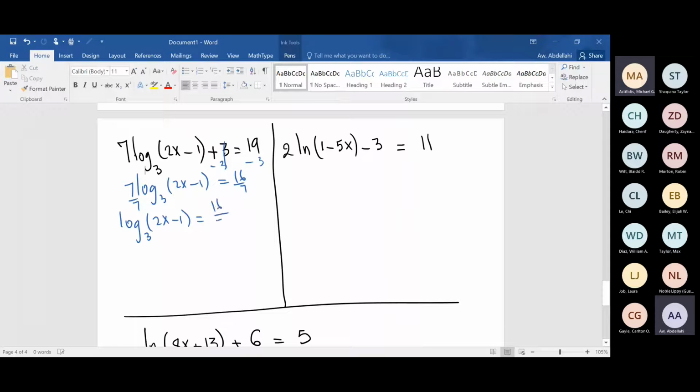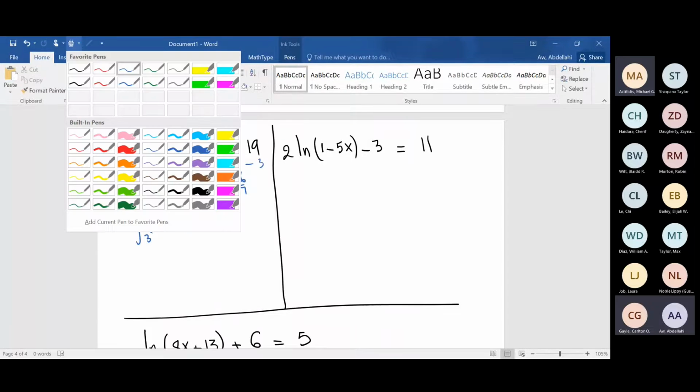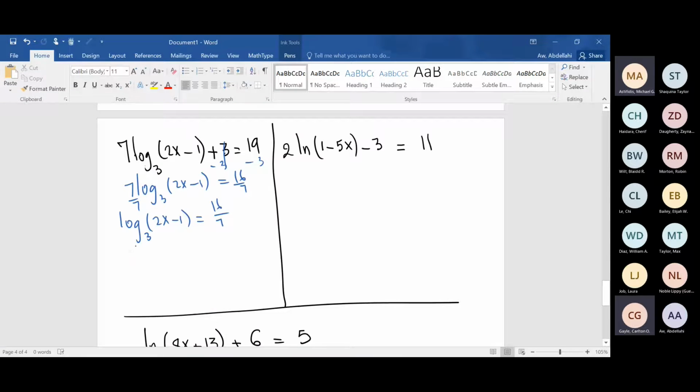Now comes the main step, which is what? You flip the things and push. You flip the 16 over 7 with the 2x minus 1, push it up and remove the log. Tell me exactly the expression you got.